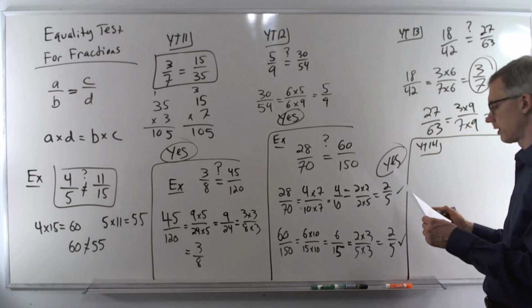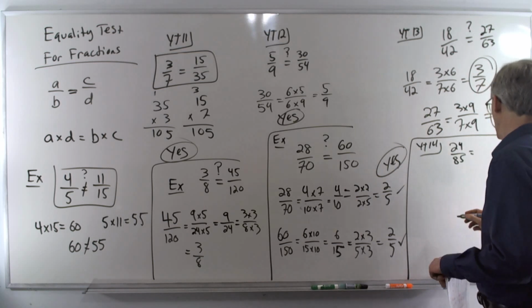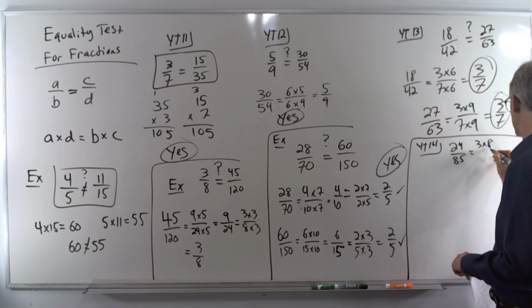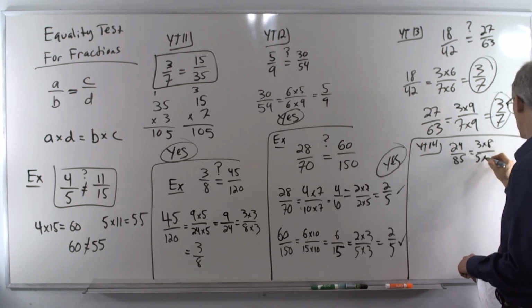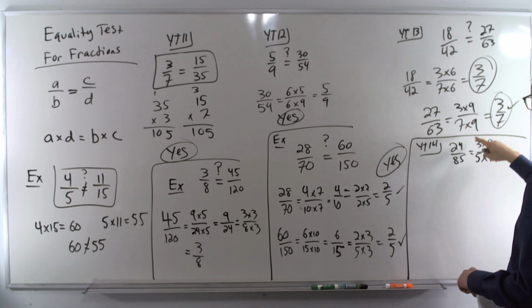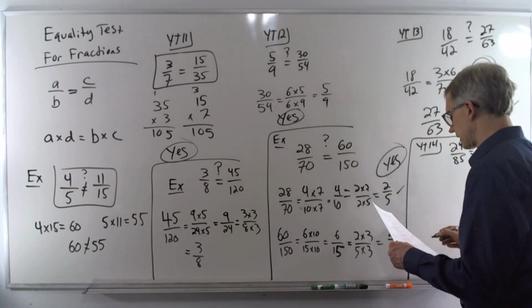Now 24 over 85. We can break that up into 3 times 8 and 5 times 17. Notice we have no common factors here, so that's not reducible. Let's try the next one.